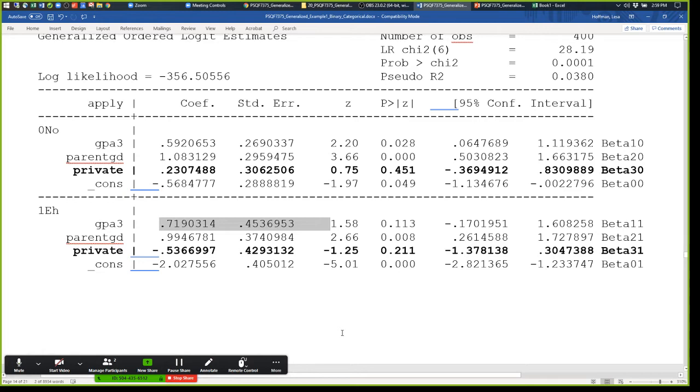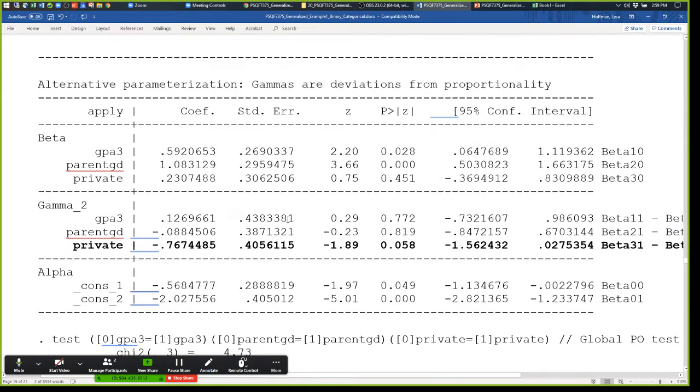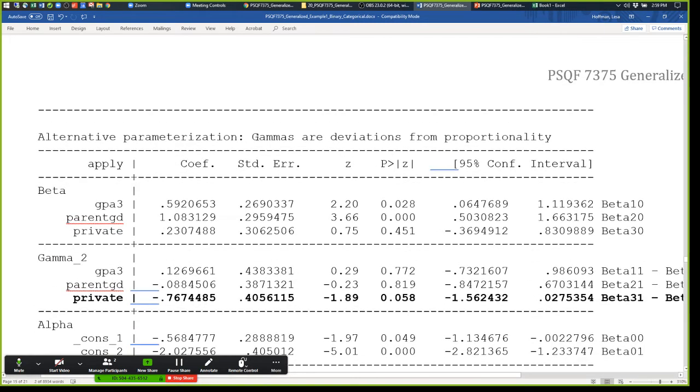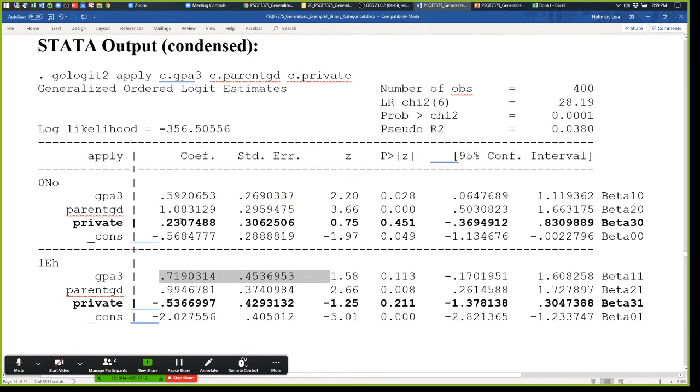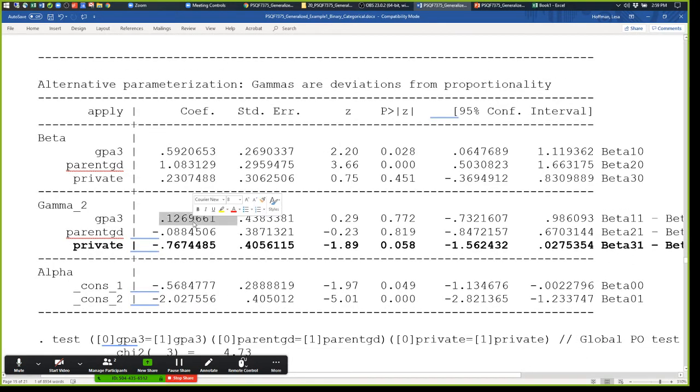No. Reviewer 3 is not going to like that. So thank goodness we have the alternative parameterization. Gammas are deviations from proportionality. The difference between 0.59 and 0.72 is the 0.12.